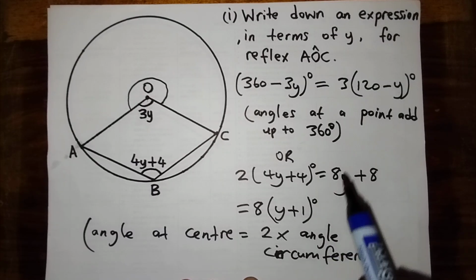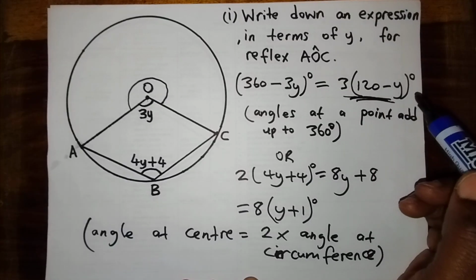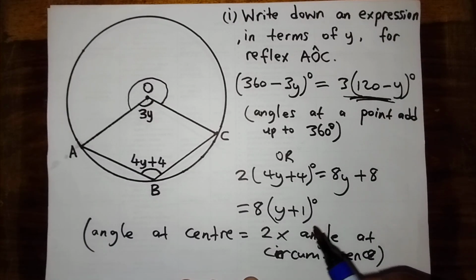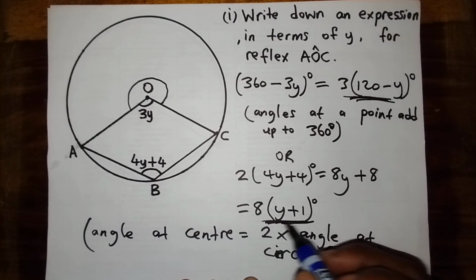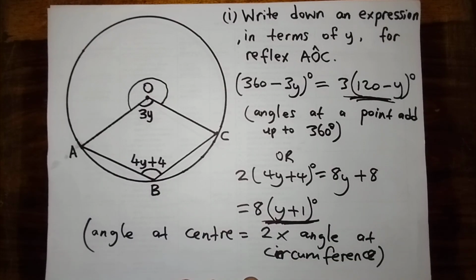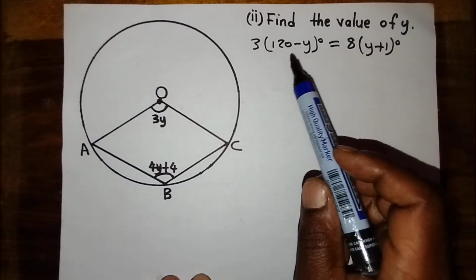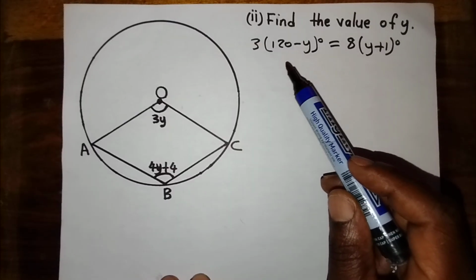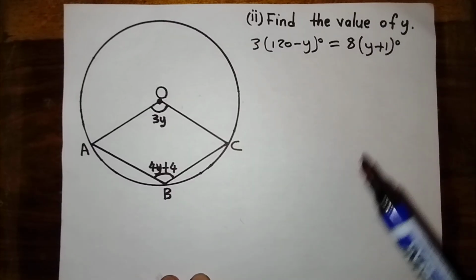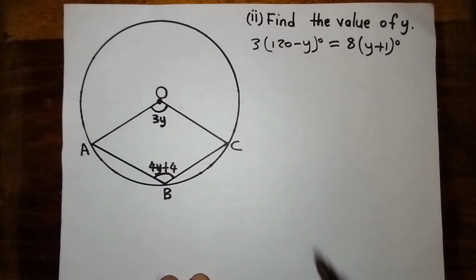So we take this expression for reflex angle AOC and equate it to the alternative expression for reflex AOC, which is this one. So we have formed an equation using the two expressions, and here we're going to expand these brackets so that we proceed with our working.